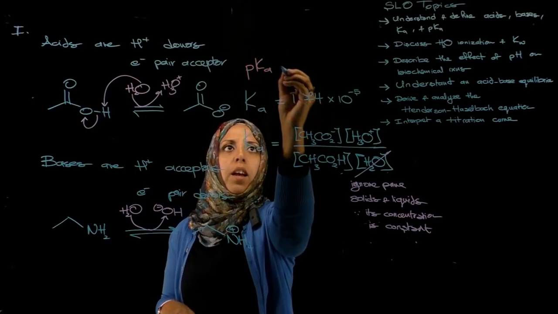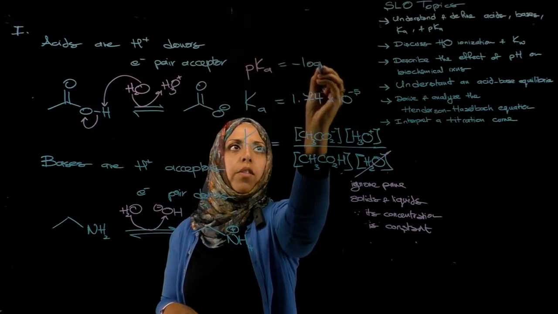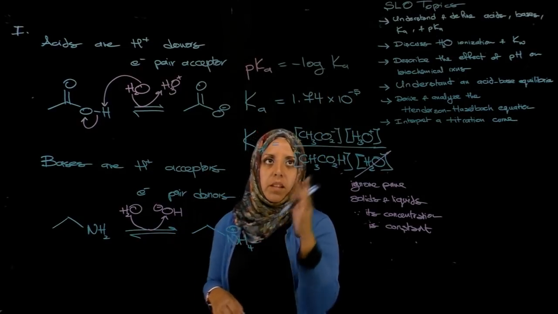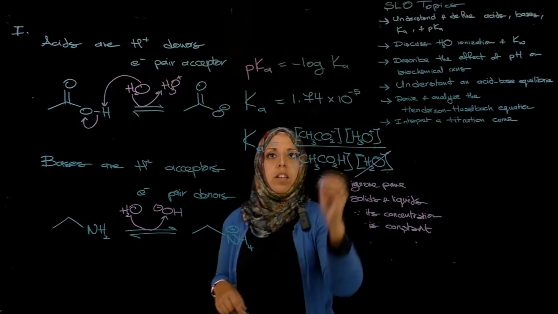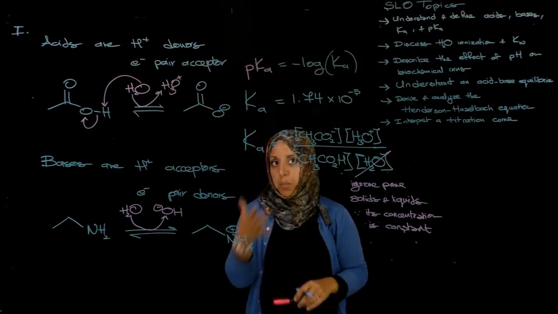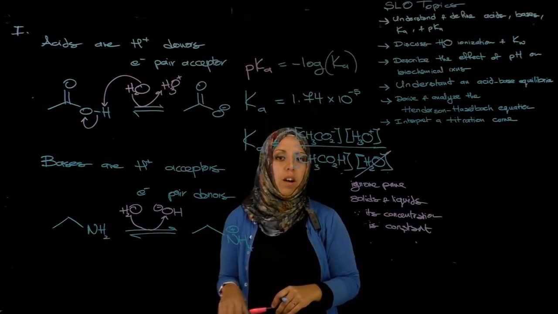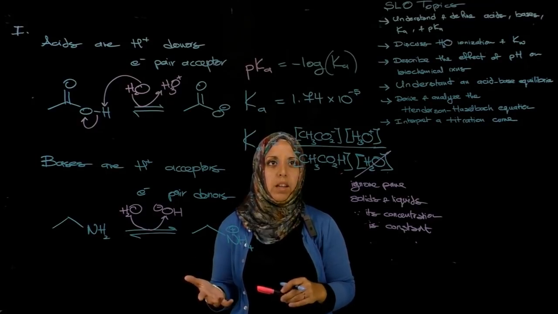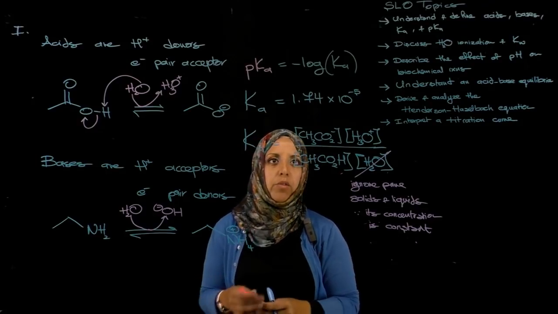So the pKa is really equal to negative the log of the Ka, right? And if you do the calculation for acetic acid, which has a Ka of 1.74 times 10 to the negative 5, you should be able to get a pKa around 4.7 or 4.8.